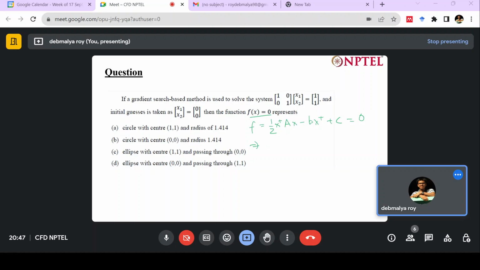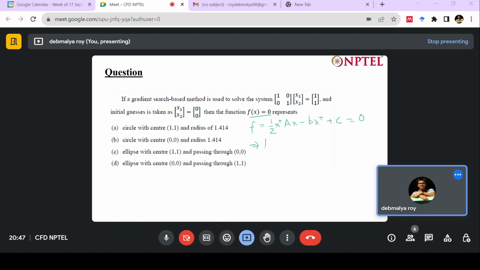The initial guess is taken as 0 comma 0. So let's first try to calculate this function.